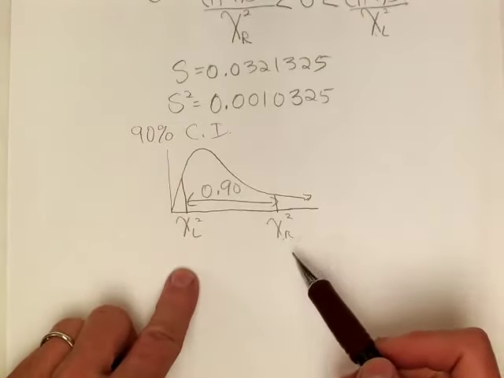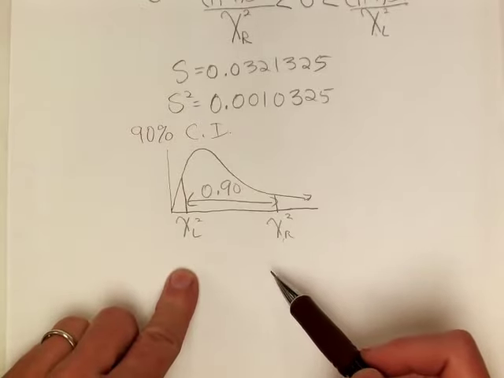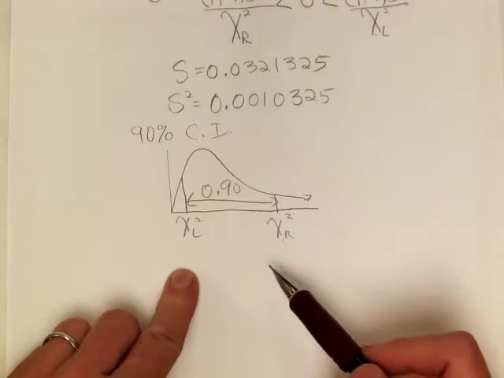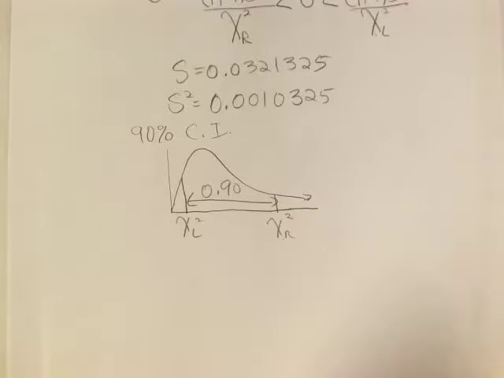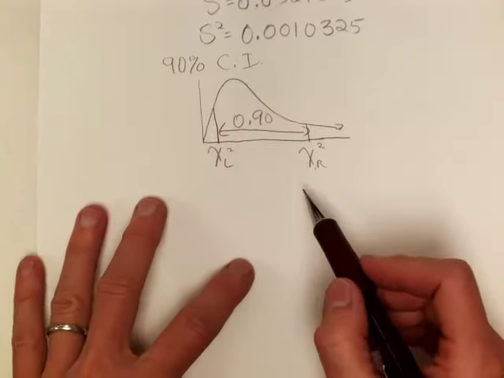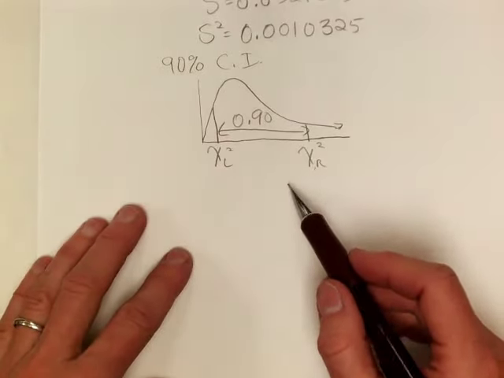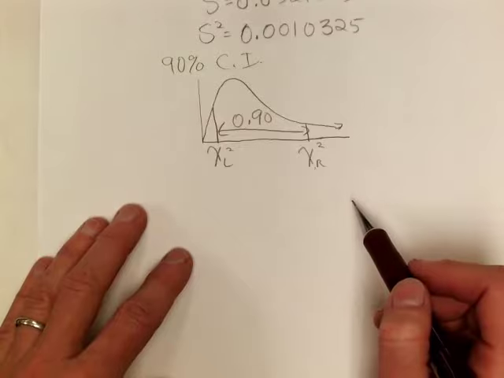One of the more common mistakes I see is that people go to the standard normal table to get a critical value and take the opposite. That's going to mess up your whole confidence interval. So we want to make sure we're going to the right table. And remember, the chi-square table reads from your critical value to positive infinity.